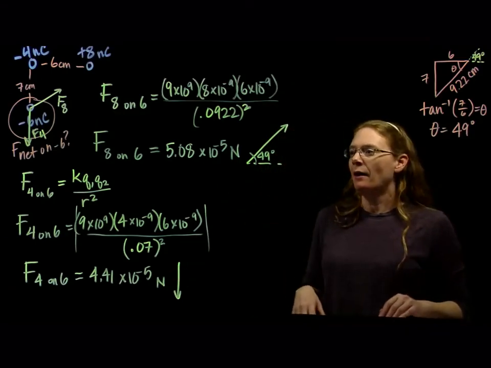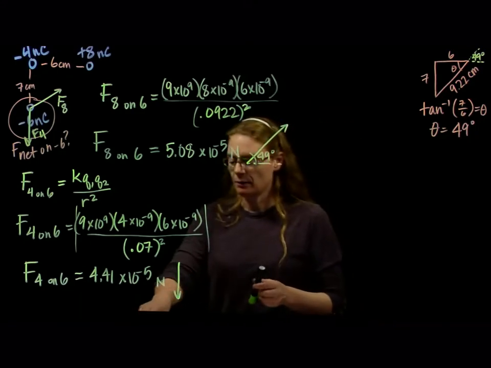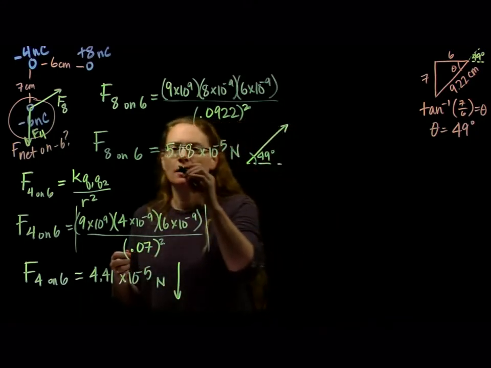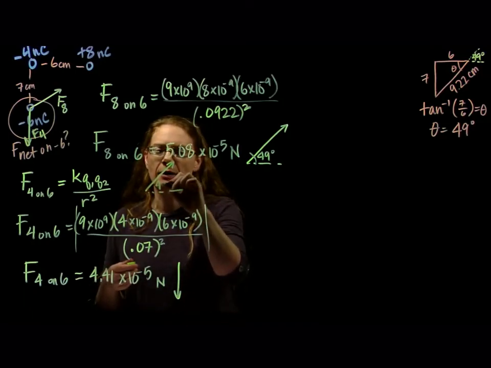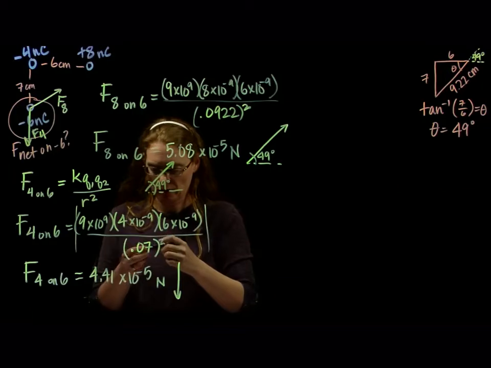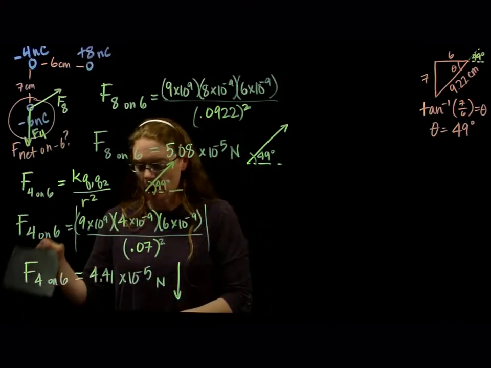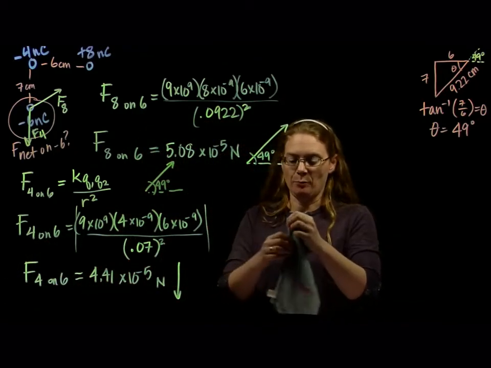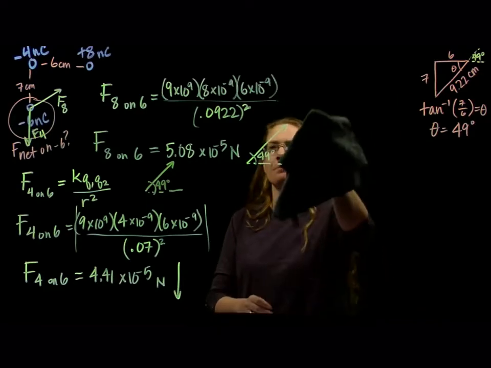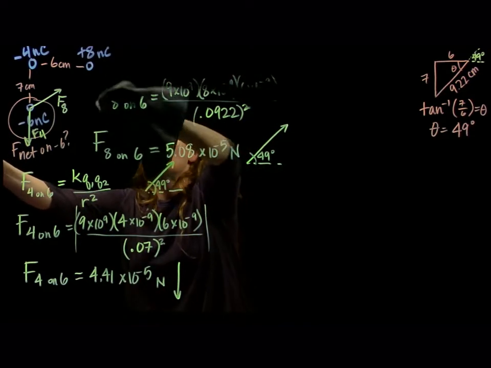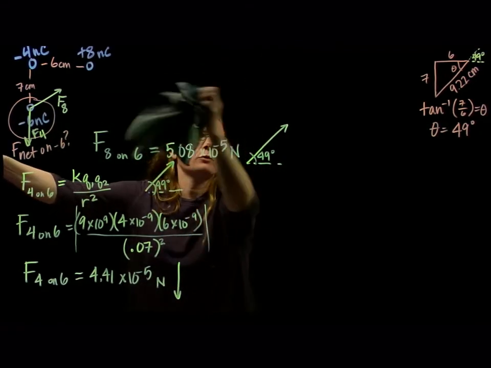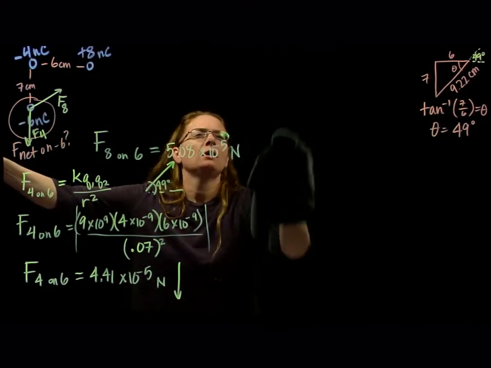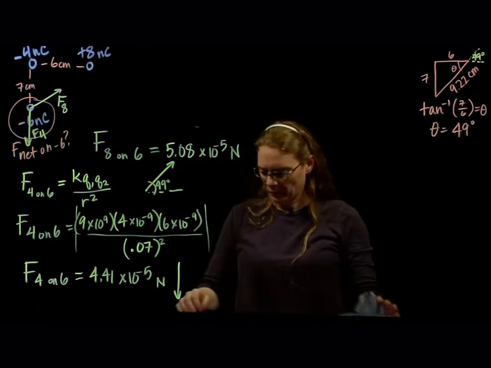That's fine. The way that I find makes the most sense for me, I'm actually going to clean this up just a little bit. I use a table where I break up the x and the y components of all of my vectors. So I'm going to get rid of this. We already did that calculation. I want to get myself some more space. Okay.